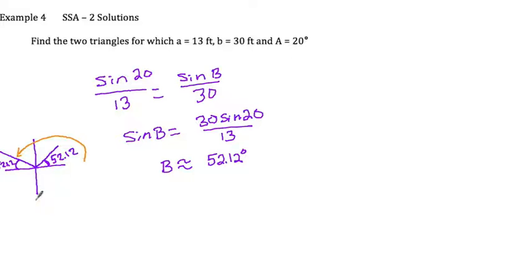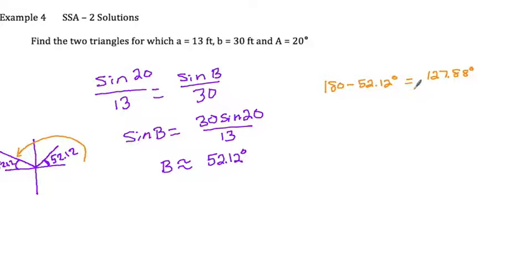If I do 180 degrees minus 52.12 degrees, that's going to give me 127.88 degrees. And that is where I get my two different angles.